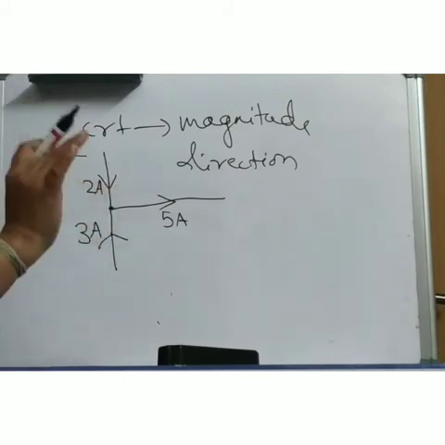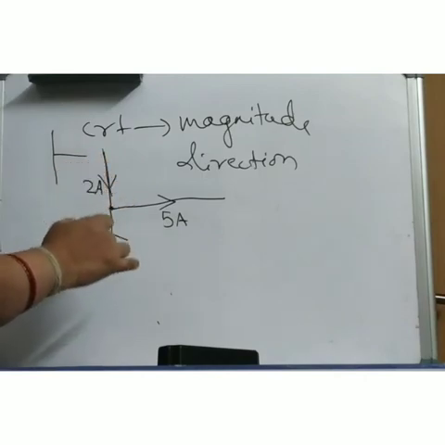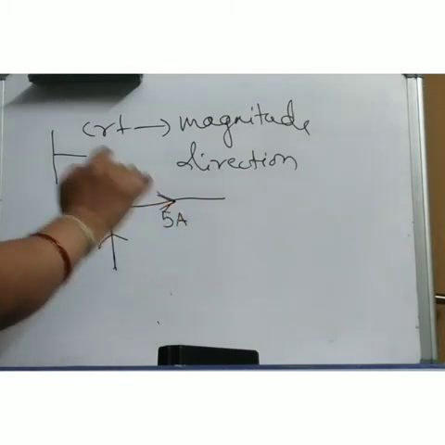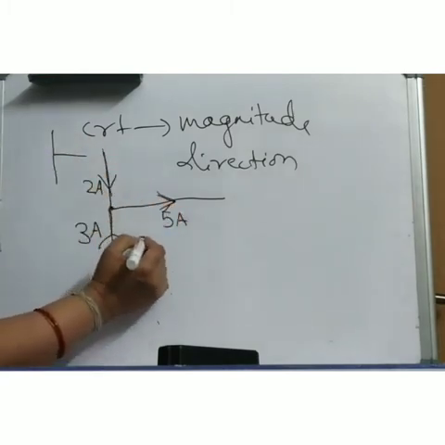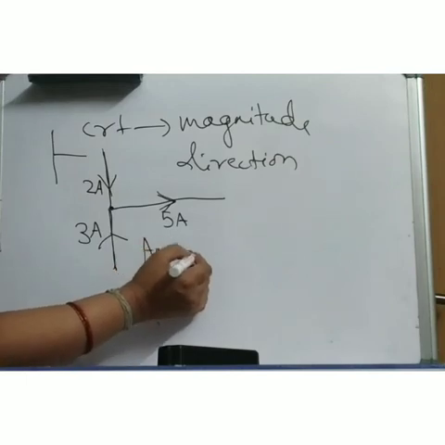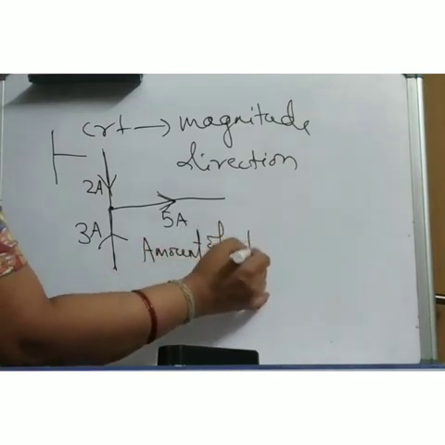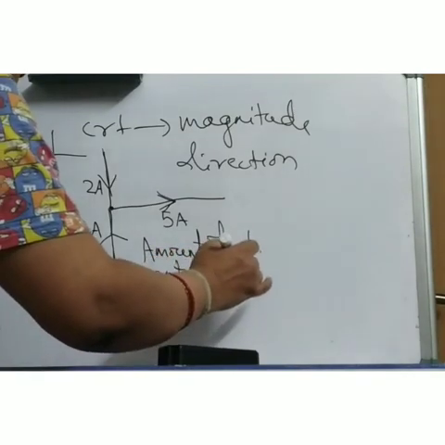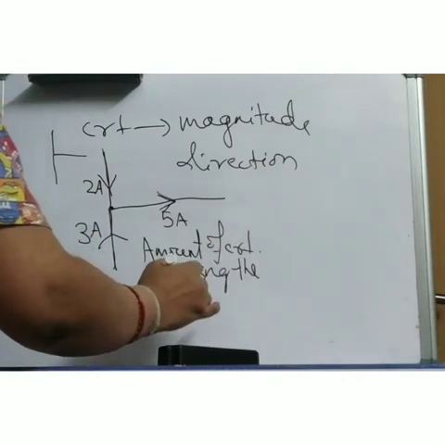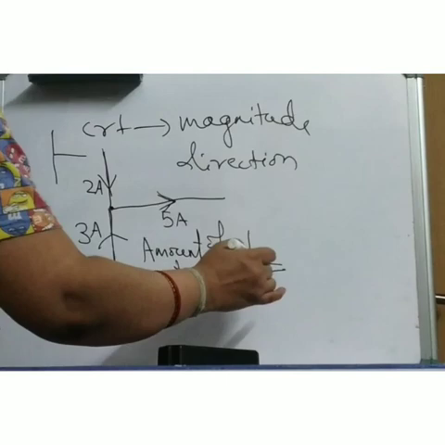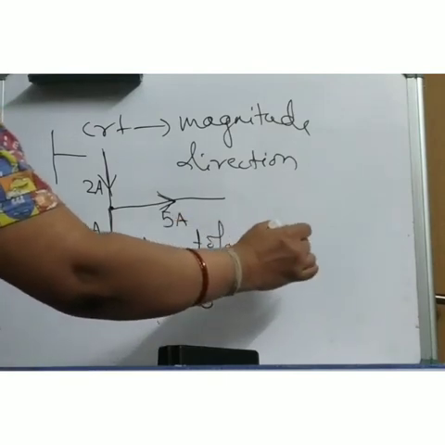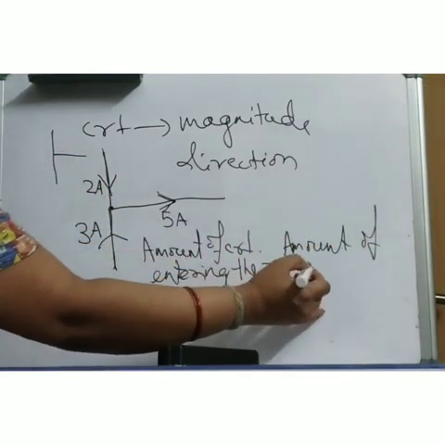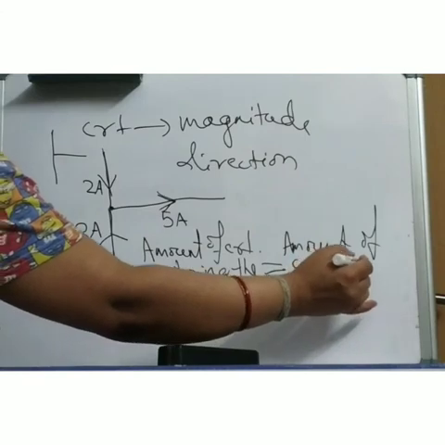For this junction, the rule is that the amount of current entering the junction will be equal to the amount of current leaving the junction.